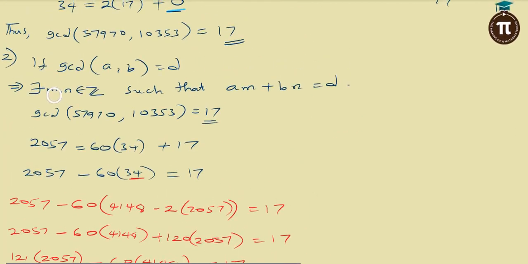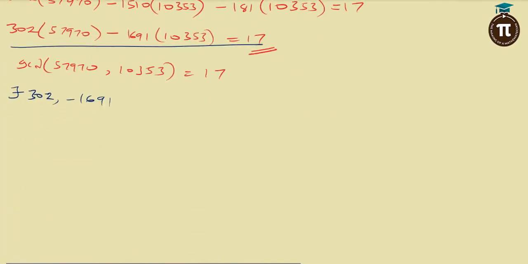That is what I was trying to define before I started. I said here it is two integers, m and n, such that am plus bn equals d. So those are the two integers we just obtained: 302 and minus 1691.